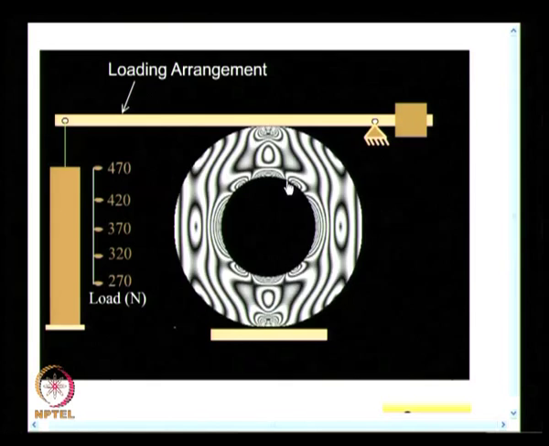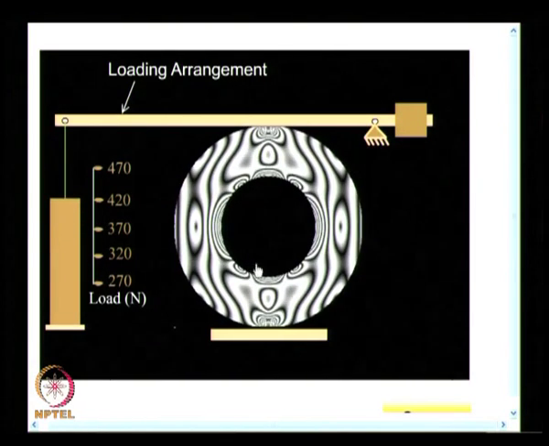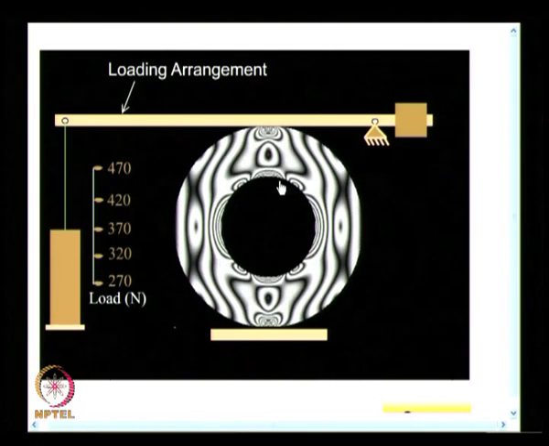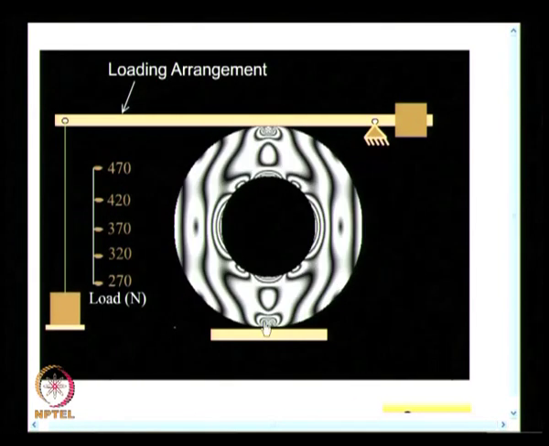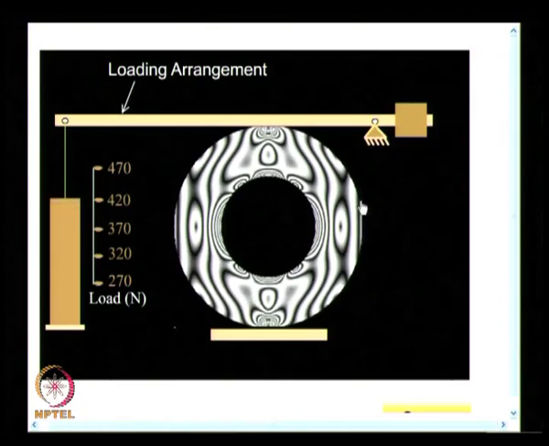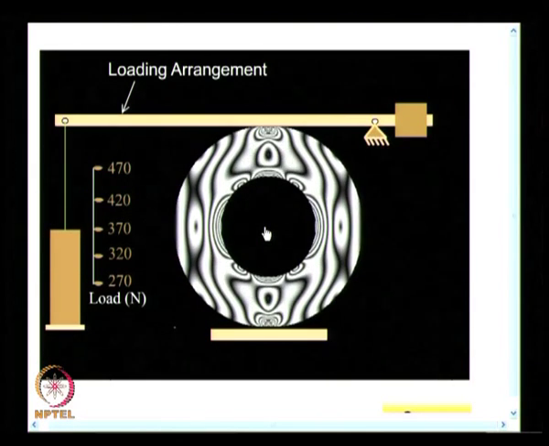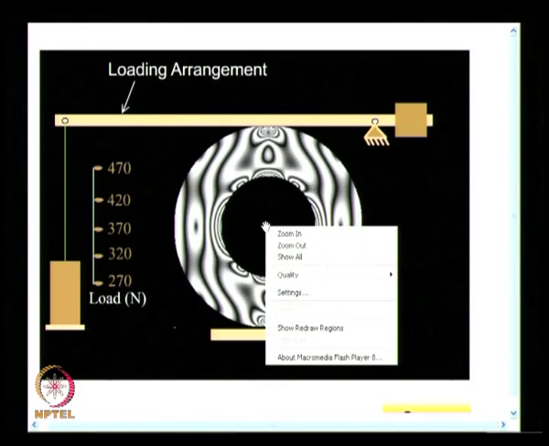The inner surface of the ring is a free surface, as well as the outer surface, except at the load application points. And what you find here is that the fringe field is very complex.